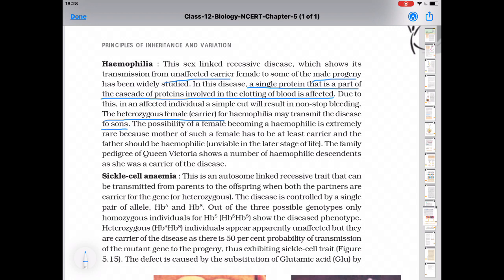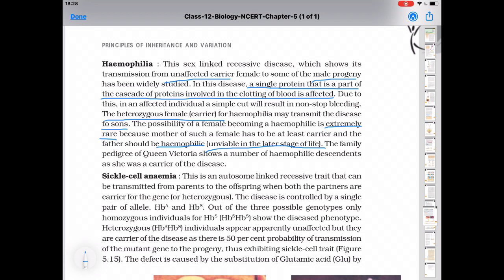The possibility of a female becoming hemophilic is extremely rare, because the mother of such a female has to be at least a carrier and the father should be hemophilic, which is not possible, which is unviable in the later stage of life, as I have already explained to you.